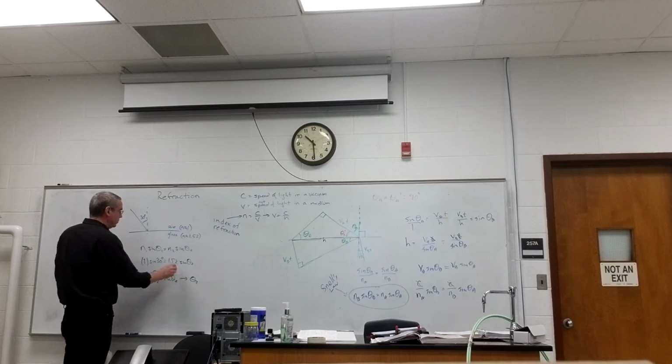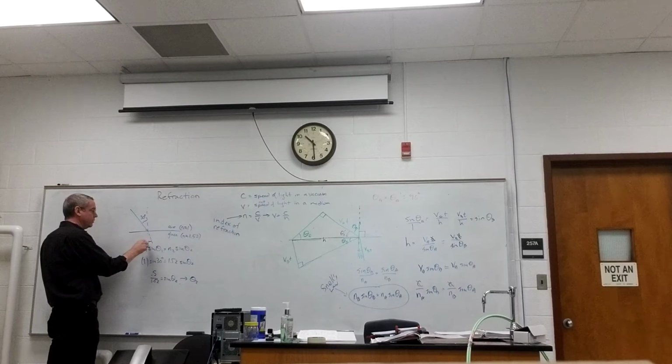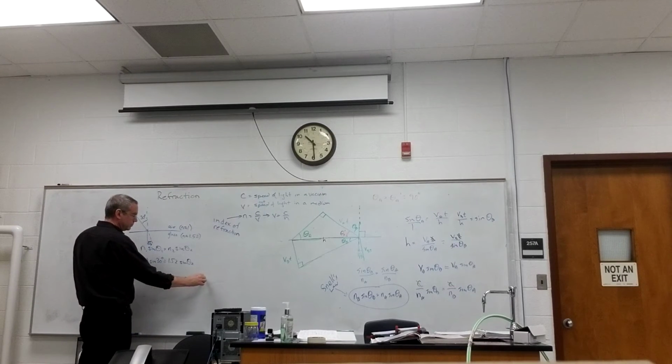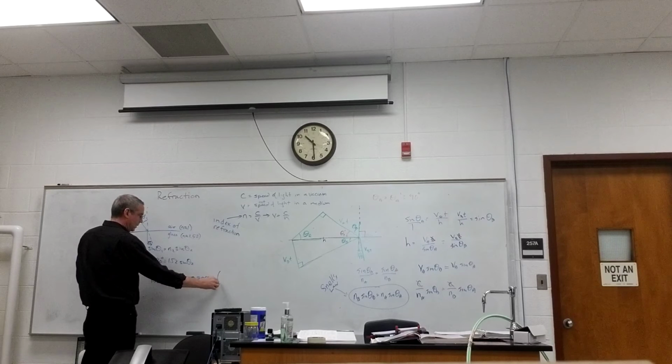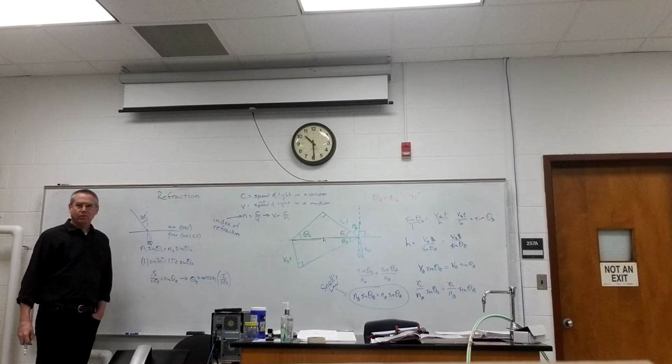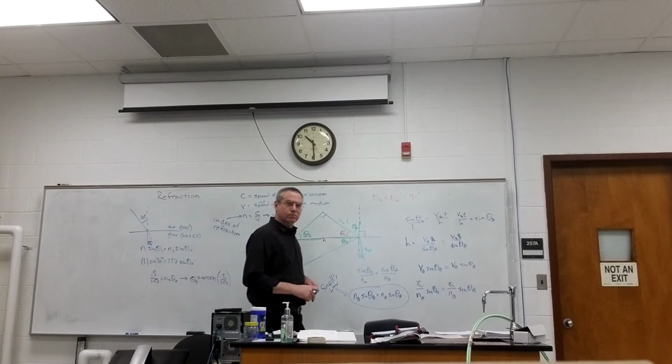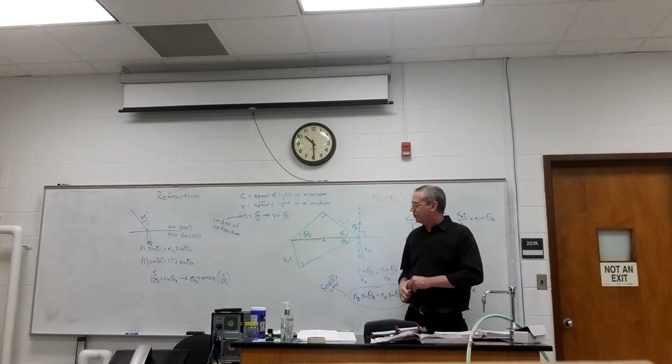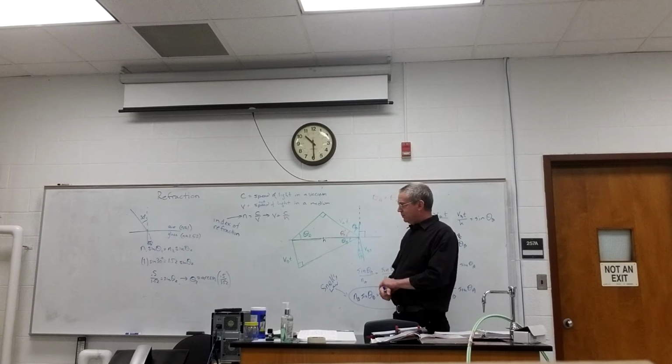And so theta 2, the angle at which it's traveling here, would be the arc sine of 0.5 over 1.52, which is something absolutely spectacular. If someone would be kind enough.